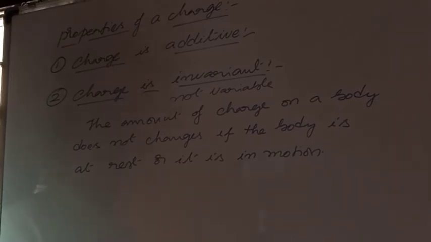That is invariable. The amount of charge remains the same whether the body is at rest or it is in motion. It does not change. That is called invariance of the charge.